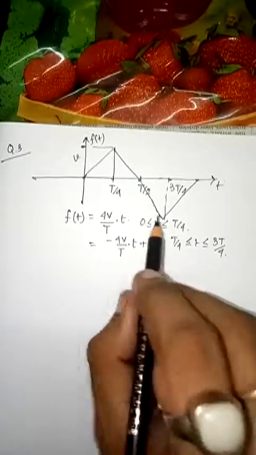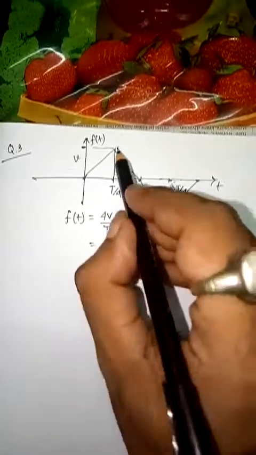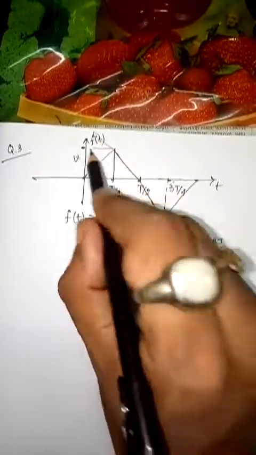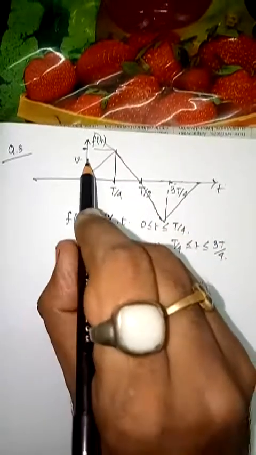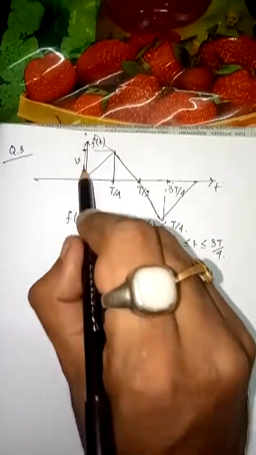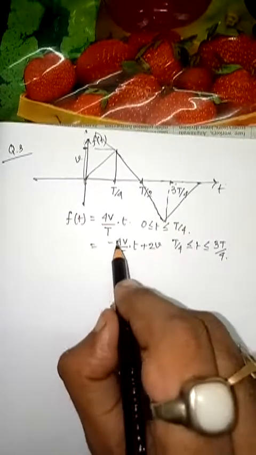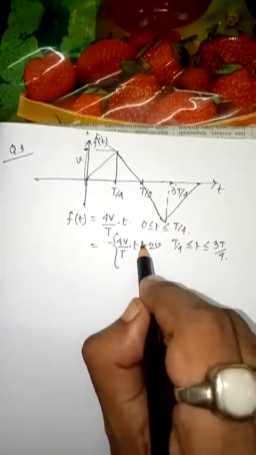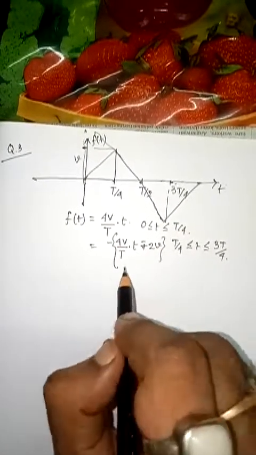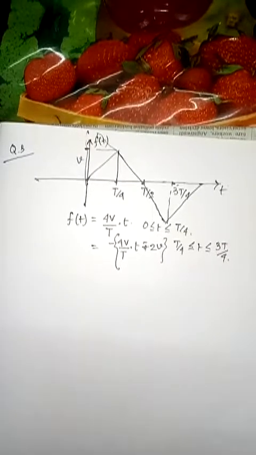This particular straight line has an intercept of 2V from that axis, so I am adding plus 2V, or you can take it as minus 2V, and when taking that inside the minus, obviously it should be plus 2V.